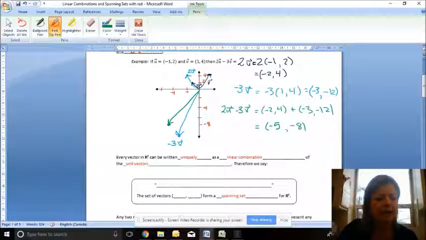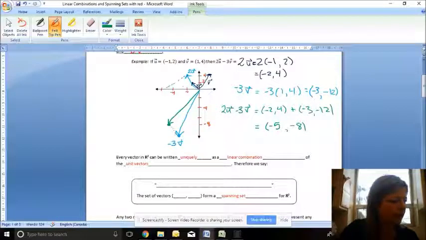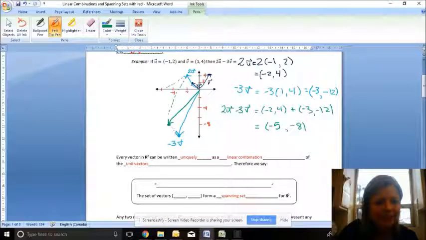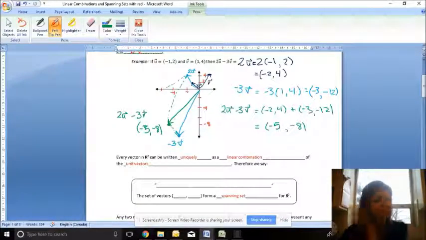And you'll see that it is the diagonal of a parallelogram that could be created here. Sorry. If I had done this properly and to scale, then this would be the diagonal of the parallelogram formed by these points. Okay, so that's the resultant -5, -8, and that is 2u minus 3v is that green.